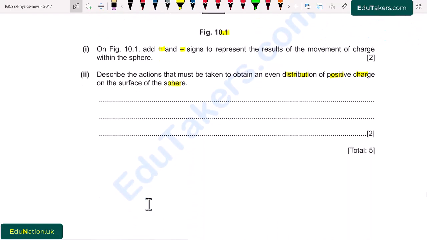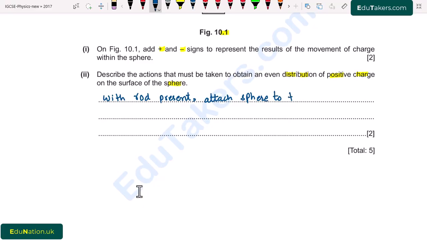So I will write here, with rod present, attach sphere to the earth, electrons will flow to the earth, leaving positive charges there.